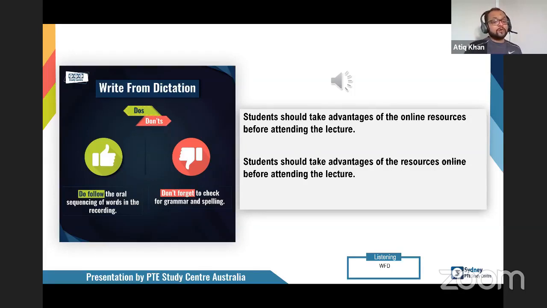So you do follow the oral sequencing of words in the recording, because at the end, if the sequencing breaks, there's a likely chance that due to lack of subject verb object agreement, the sentence may not be meaningful, and you might end up losing most of the score.